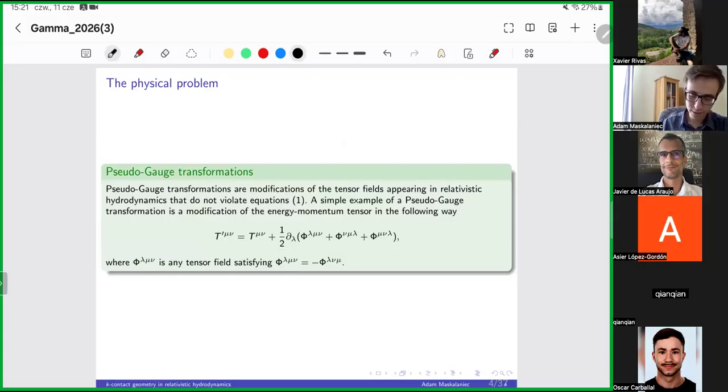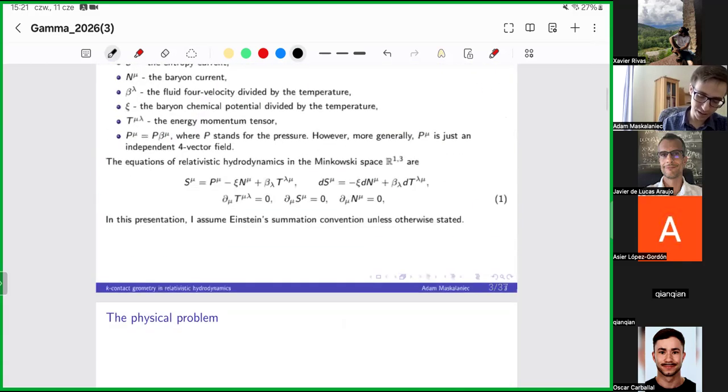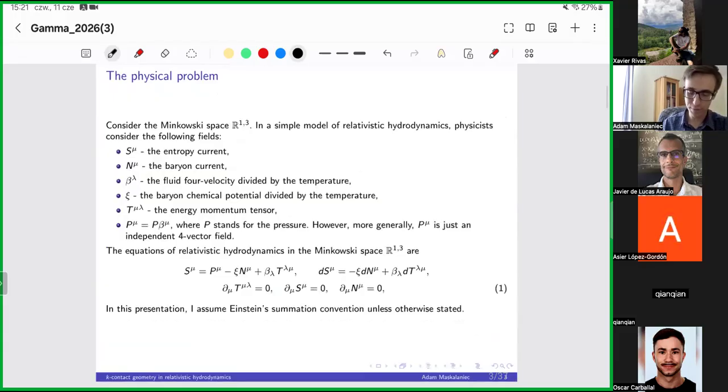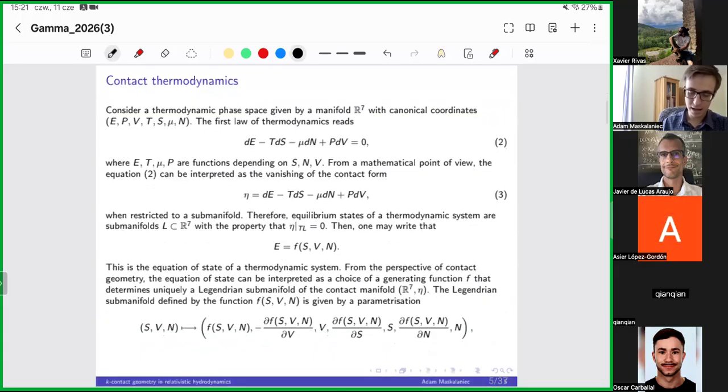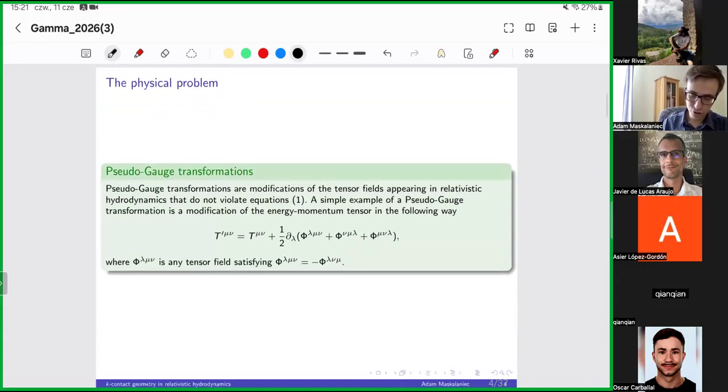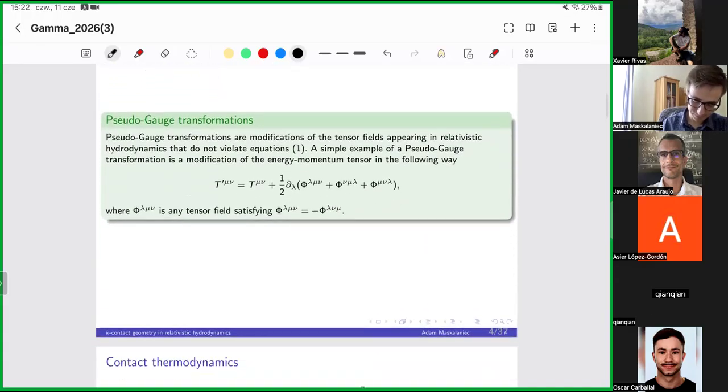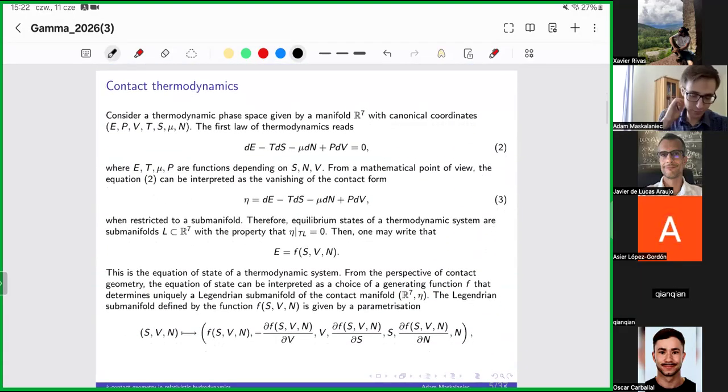And then one may easily verify that this divergence of the energy momentum tensor is again 0. So this is quite unusual in thermodynamics, because in thermodynamics it turns out that these quantities are determined uniquely.